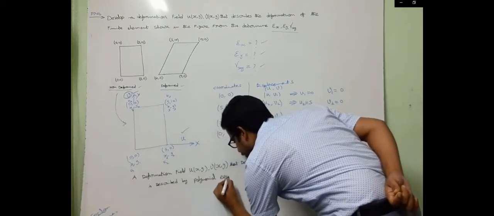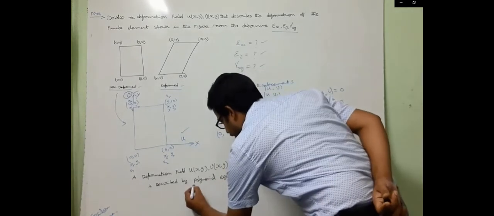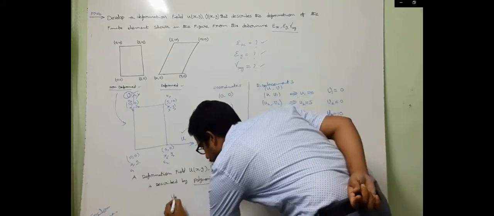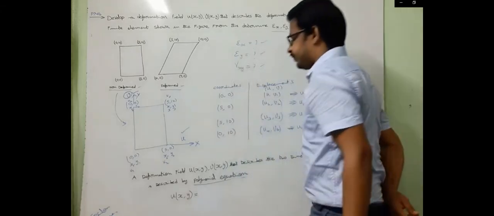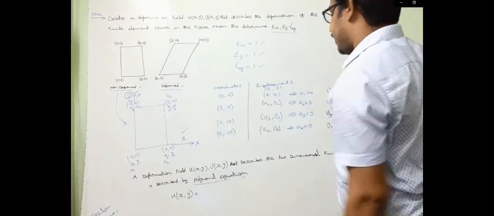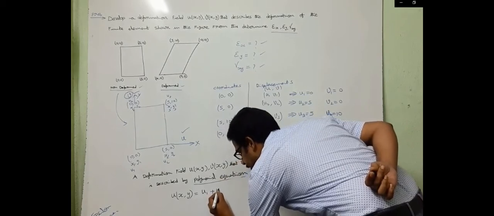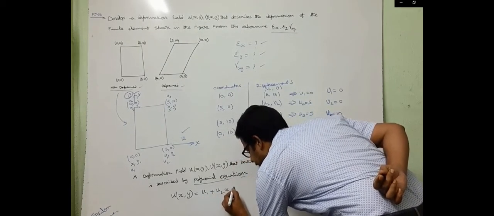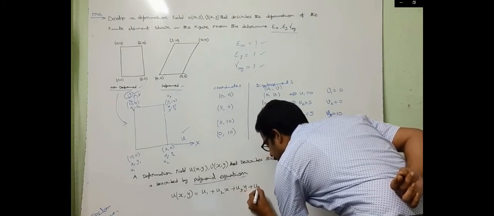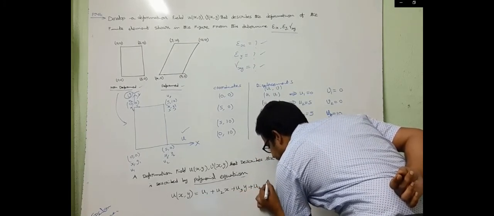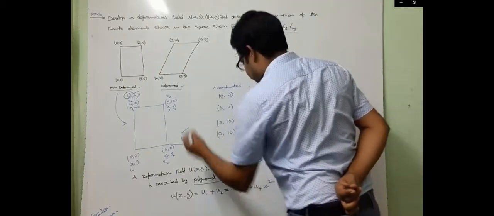Here u of x comma y is equal to u1 plus u2x plus u3y plus u4 x square. This is the polynomial equation.